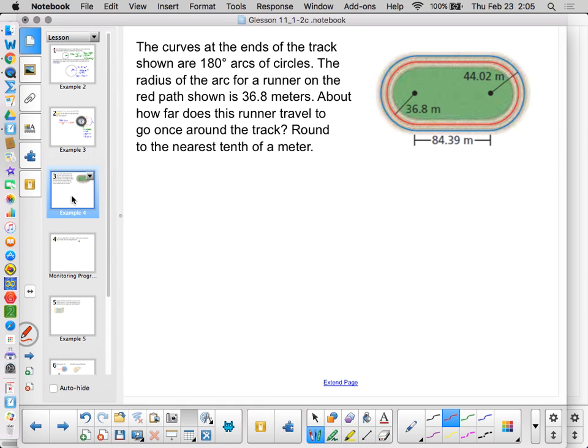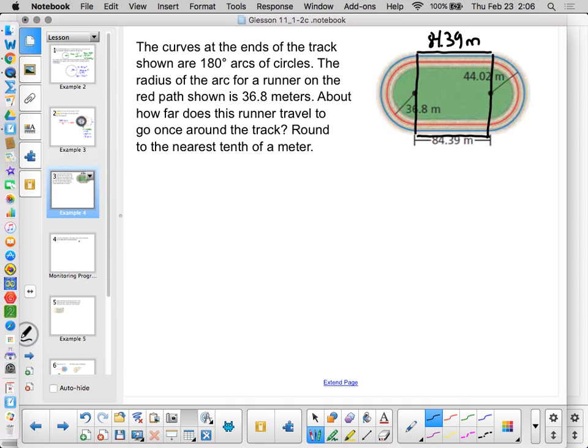Here's an application about a strange track that has a different radius for each end. So basically what we have here is two half circles and two straightaways on our track. And what it's saying is, how far is it for one lap around this track? Well, I know I got 84.39 meters here and 84.39 meters here.